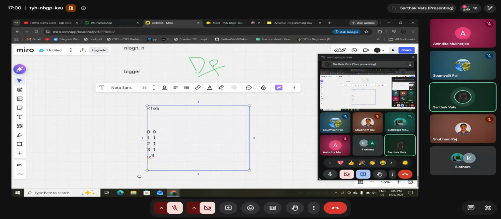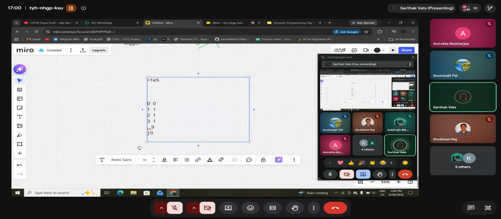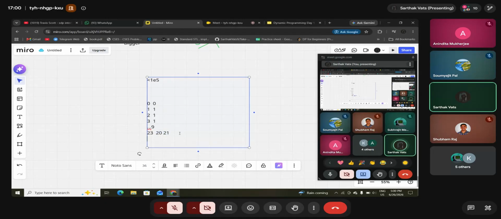Then when I'm at 10, if I have all the possible scenarios, like 10 is not a good example, let's go with something like 23, right? There are two cases. We can either go back to 20 or we can go back to 21. So all the cases are smaller than this number, right? A neat thing about DP is that if you are able to figure out the state properly, then half of the thing is already done.